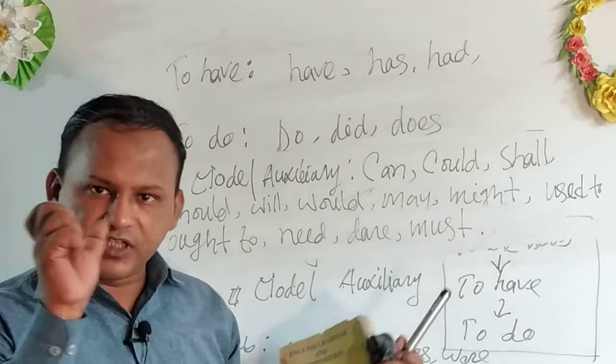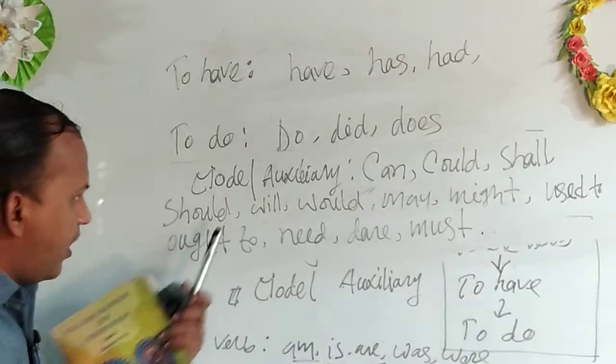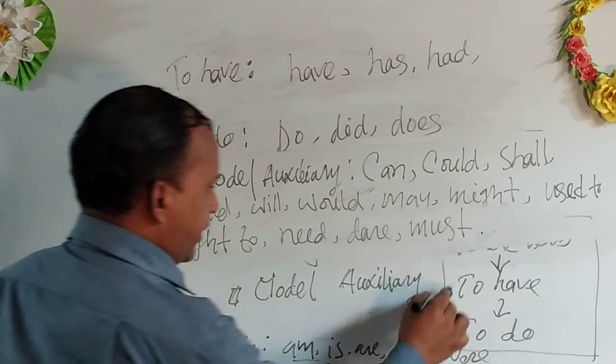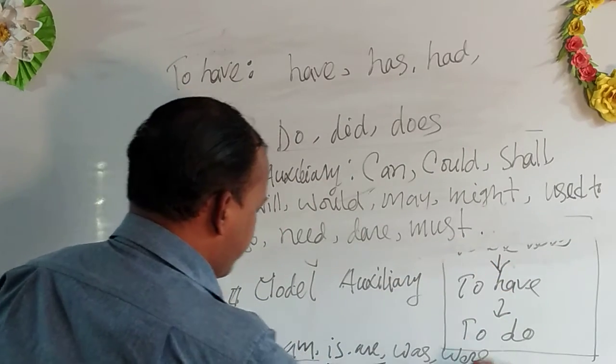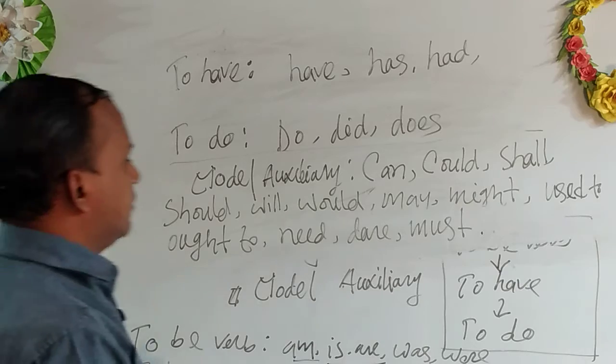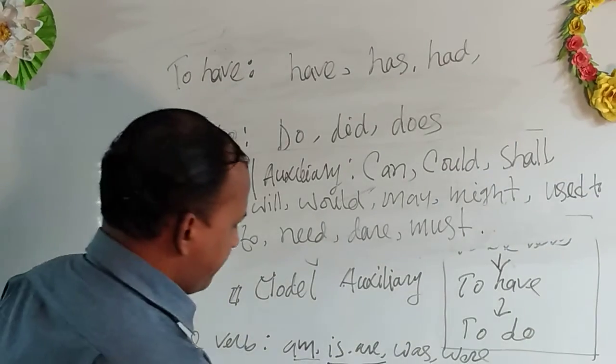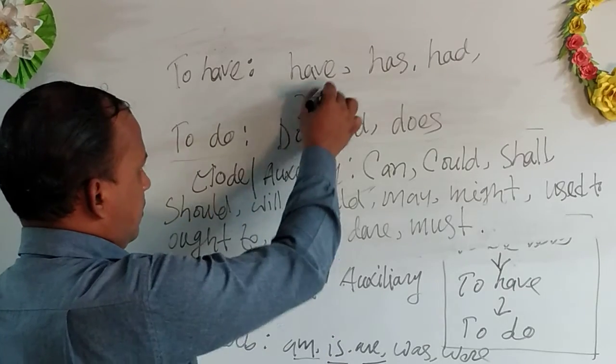Notice that the modal auxiliaries and the primary auxiliaries, to be, to have, to do, together make a total of 24 auxiliary verbs.